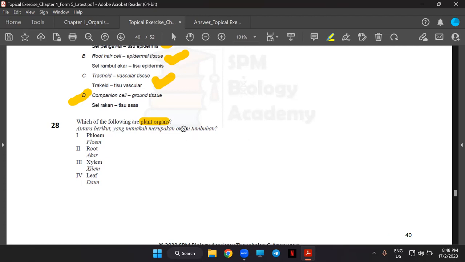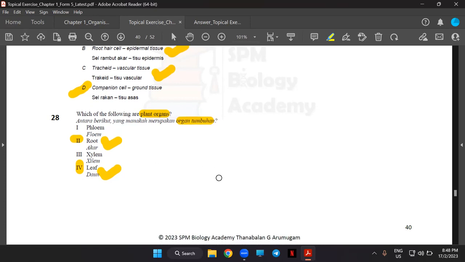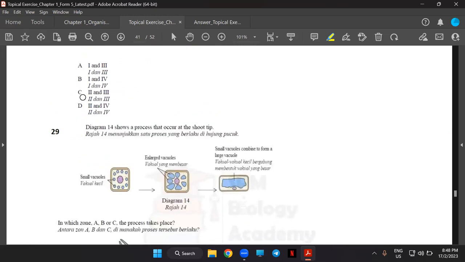Antara berikut yang manakah merupakan organ tumbuhan? Leaf and root. 2 dan 4. 1 dan 3 ialah tissue, bukan organ. So root and leaf. Akar dan daun, 2 dan 4. D jawapannya.